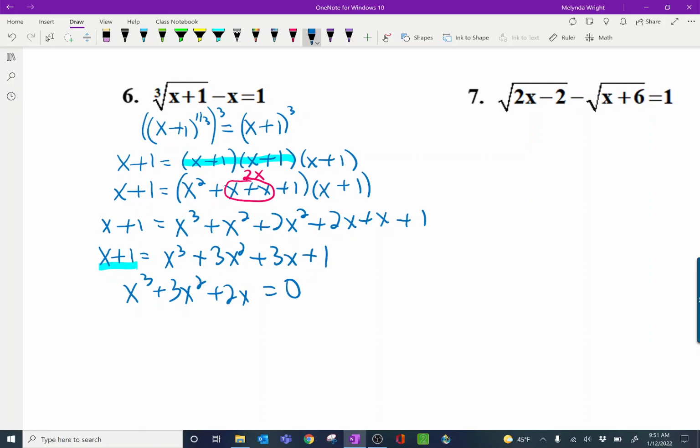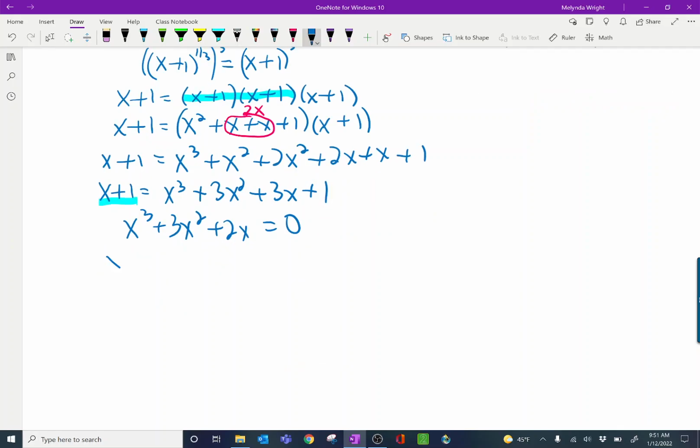So if you recall our rules for factoring, we want to try to find a greatest common factor first, a GCF. x would be my GCF. And so let's factor an x out. Okay, fantastic. So now I have 3 terms. I want to factor like FOIL. So what do we have? Let's see, the back sign is positive and the front sign is positive, so they're both positive.